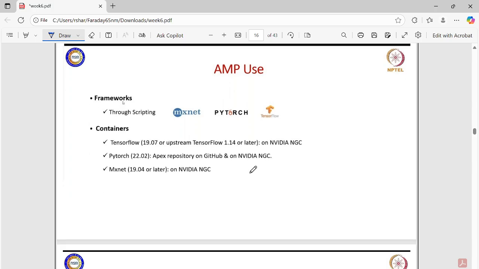Next are AMP uses. One use is that it can speed up training. AMP leverages float 16 half precision operations wherever possible, and float 16 computations are faster on supported hardware, including NVIDIA GPUs with tensor cores, which reduces overall training time.